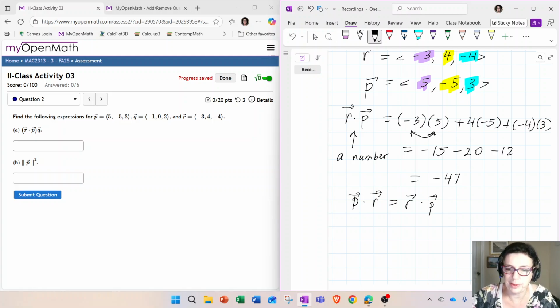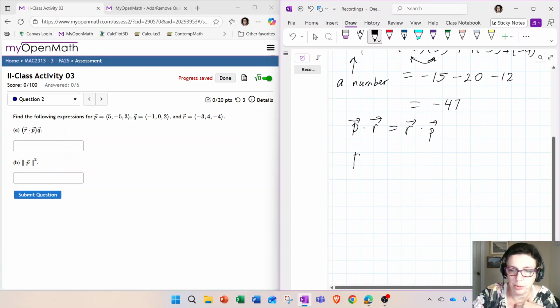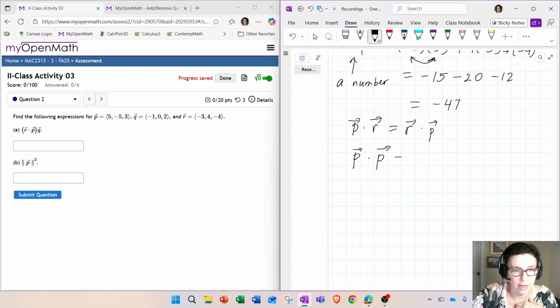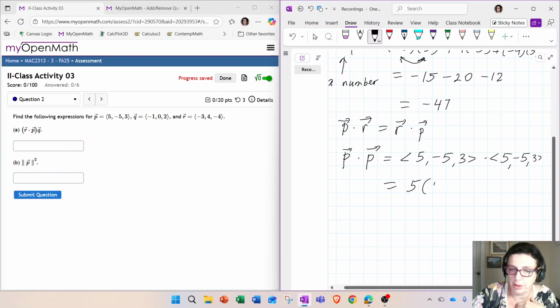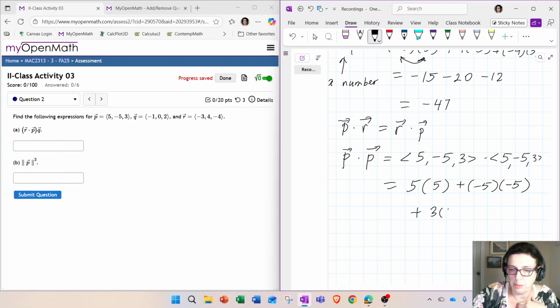Also, what happens if you dot a vector with itself? Imagine that I take vector p and I dot it with itself. Vector p is 5, -5, 3, and I multiply it by itself, 5, -5, 3. Again, we're going to just take 5 multiplied by 5 plus -5 multiplied by -5 plus 3 multiplied by 3.